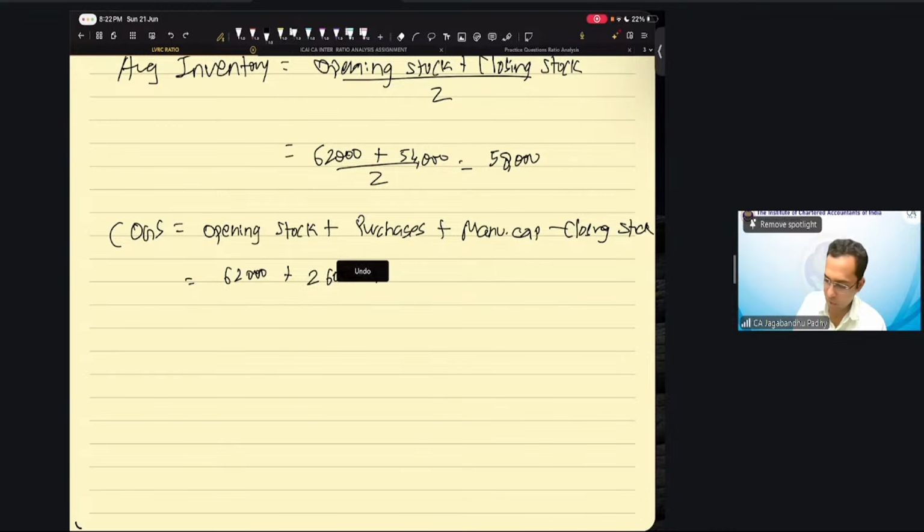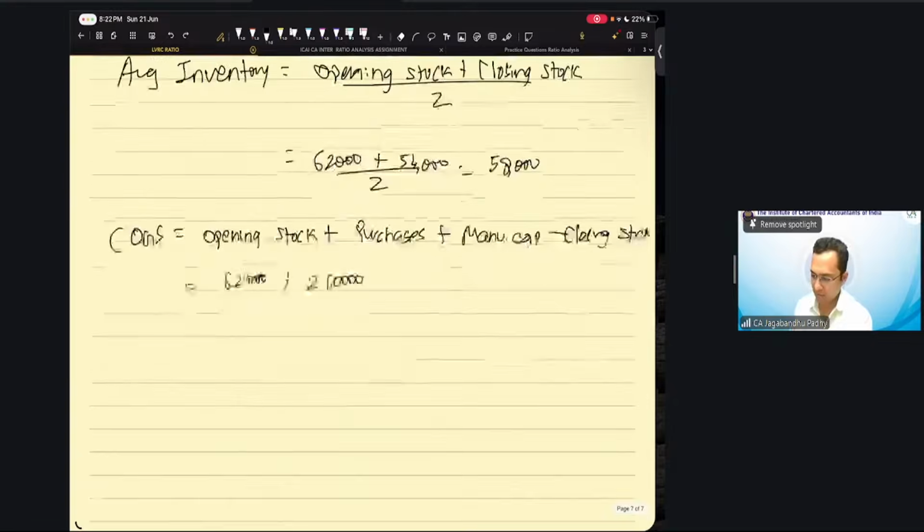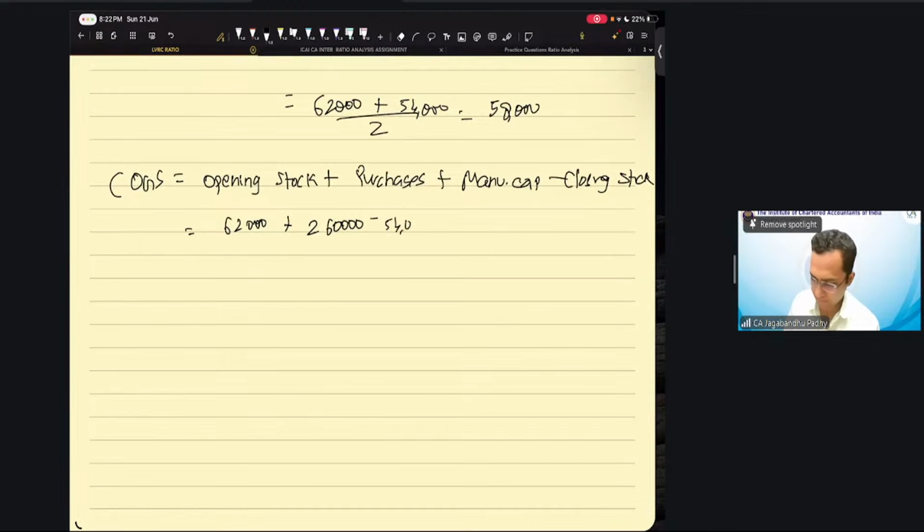And of course, all manufacturing expenses are included here in this 2,60,000, less the closing stock of 54,000. So what is the COGS value? 62,000 plus 2,60,000 minus 54,000. COGS is 2,68,000.